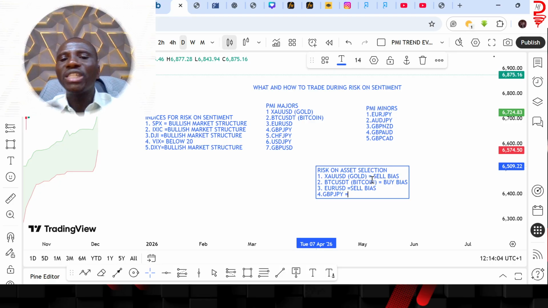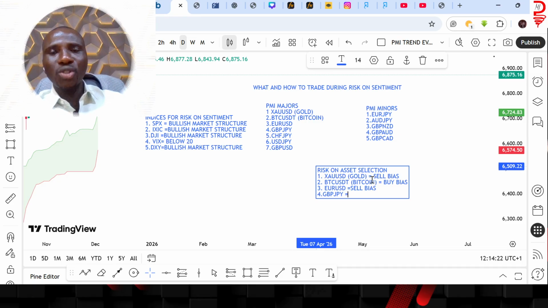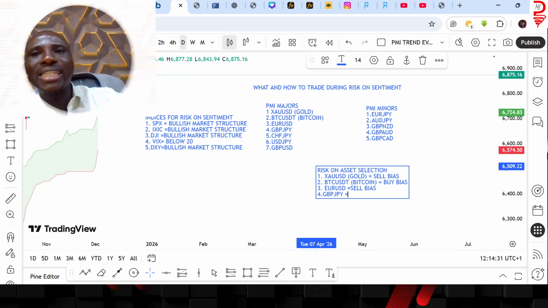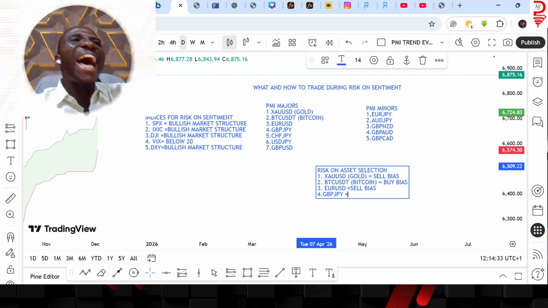But in the case of GBP JPY, currently the interest rate for GBP is 4% and that of JPY is 0.5%. So during a risk on, it is expected that capital should flow out of a low yield currency, most of the time these low yield currencies are safe haven currencies, into a high yield currency, which means from a low interest currency into a high interest currency or economy.